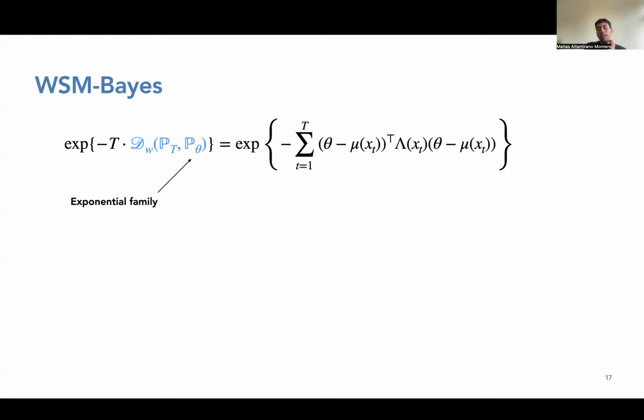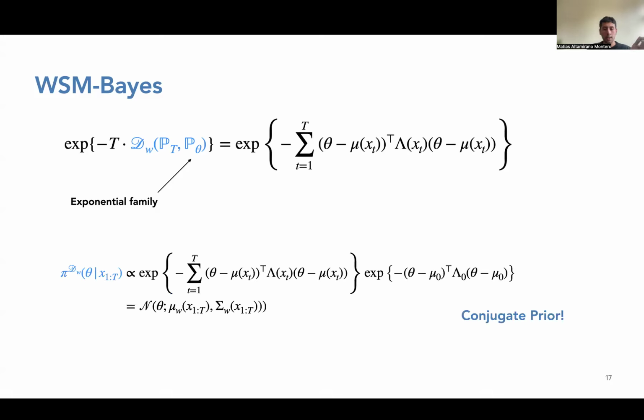The really nice thing about score matching is that even though these loss functions look really weird and difficult in general, when you're working with an exponential family, the score matching loss simplifies a lot and just has a square form. The exponential of minus the score matching loss is just the exponential of minus something that is a square.